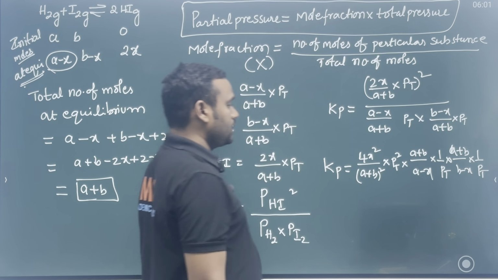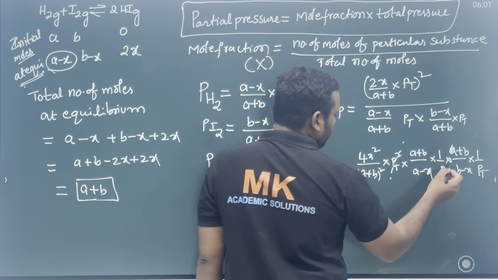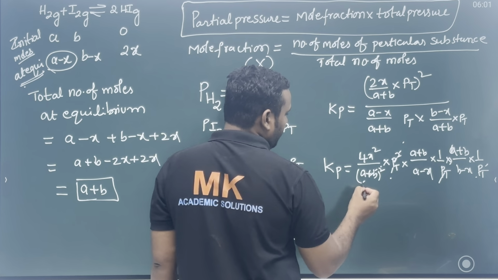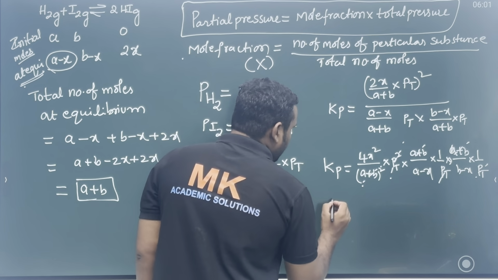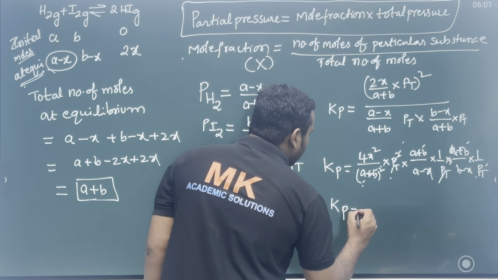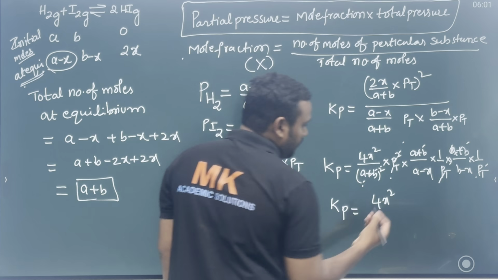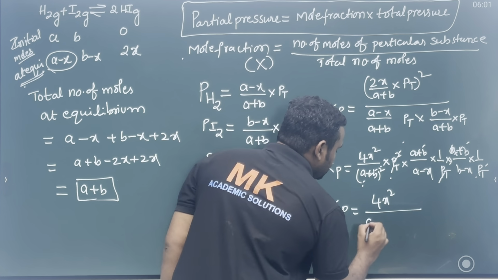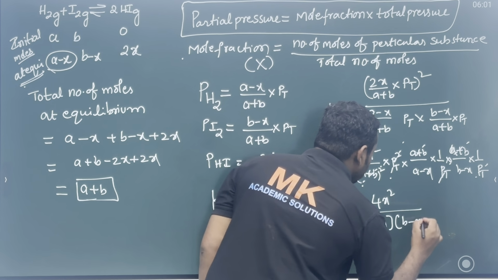So now here Pt square will cancel out, and A plus B whole square will cancel out. So now Kp is equal to 4x square by A minus x into B minus x.